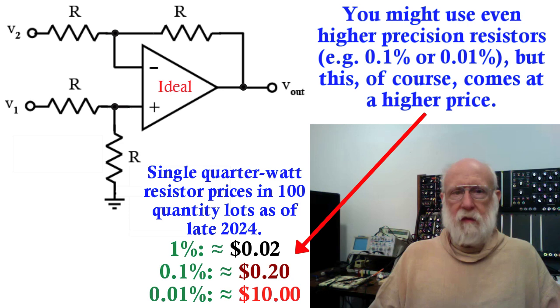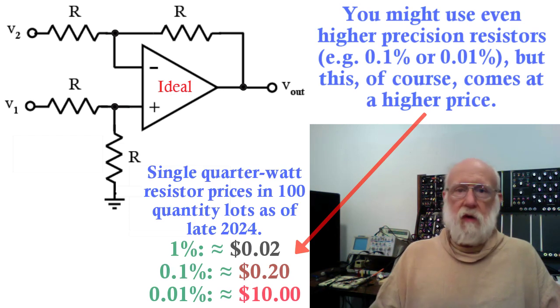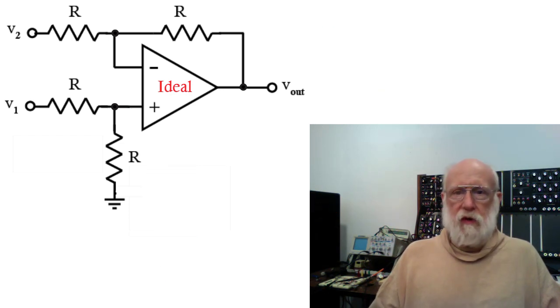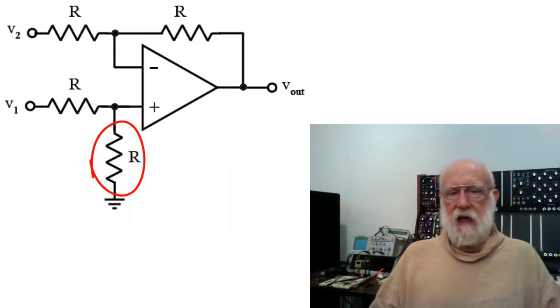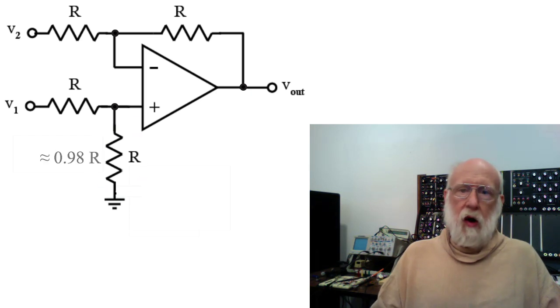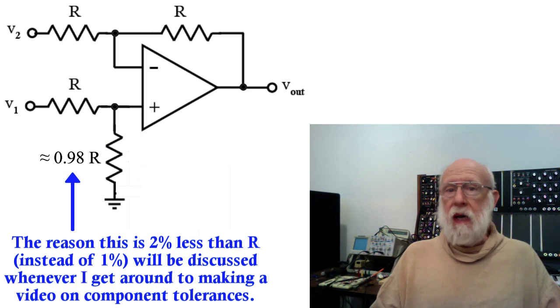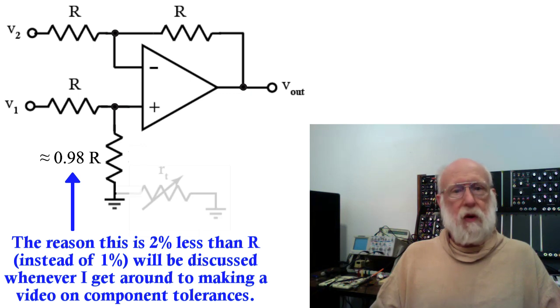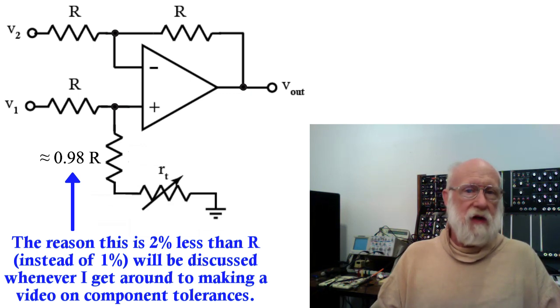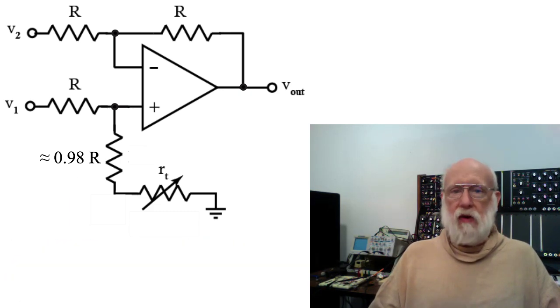But when you choose them, and we'll just use this example with a gain of 1 so all the resistors are the same, you'll pick a value for R, and then for that one resistor you're going to make variable, you will select the nearest 1% value below that chosen R, but you will put a small trimmer potentiometer in series with it, and the value of that trimmer potentiometer would be about twice the difference between R and that next nearest value below R.